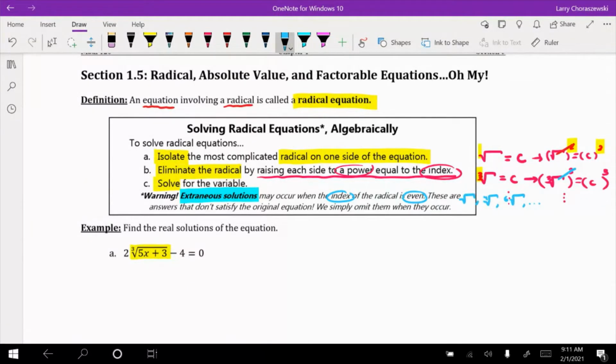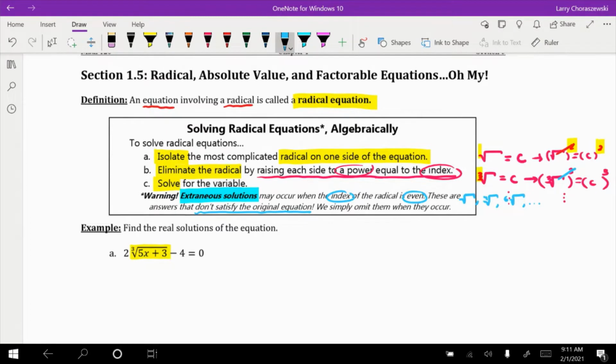And what an extraneous solution is, it's kind of like an extra answer for x that doesn't satisfy the original equation. So for instance, if we have to get rid of a square root, usually that means we square each side, which usually creates a quadratic equation.